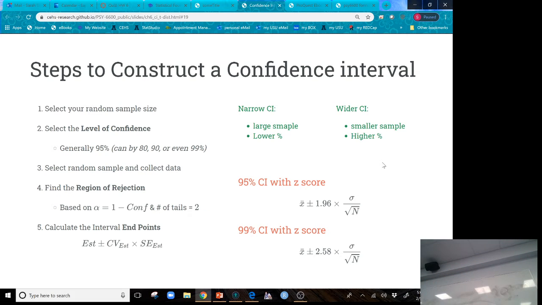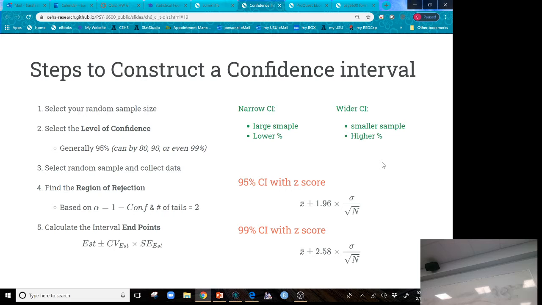In general, to have a narrower confidence interval, we usually need a larger sample. To get a tighter, smaller range, we need a bigger sample. If we have a smaller sample, it's going to be a bigger range. The other thing is that we can change the percentage. Most of the time, confidence intervals are done at 95%.